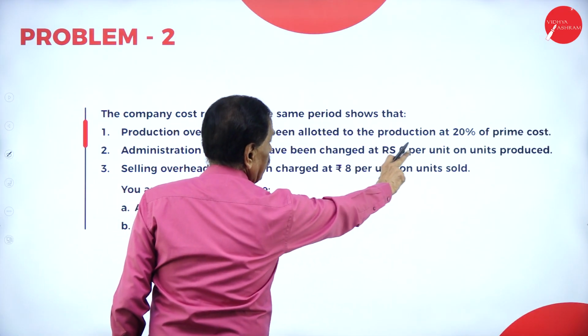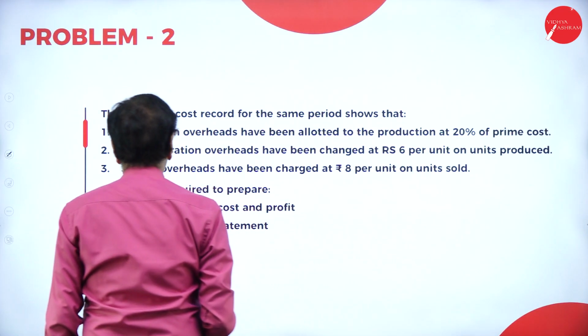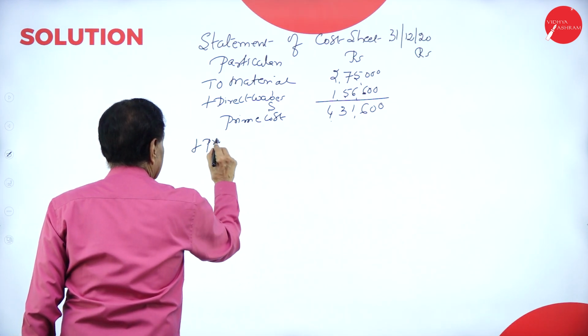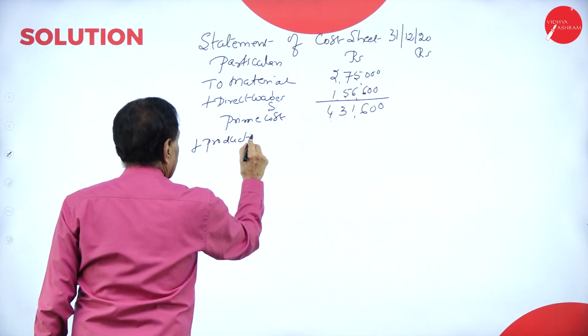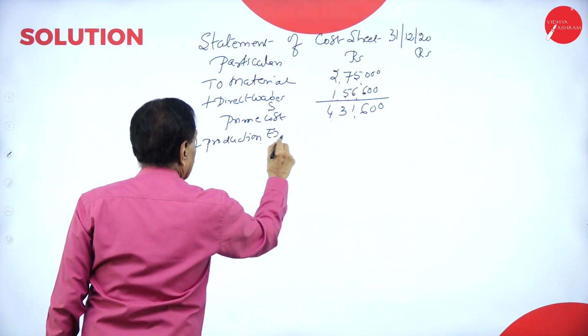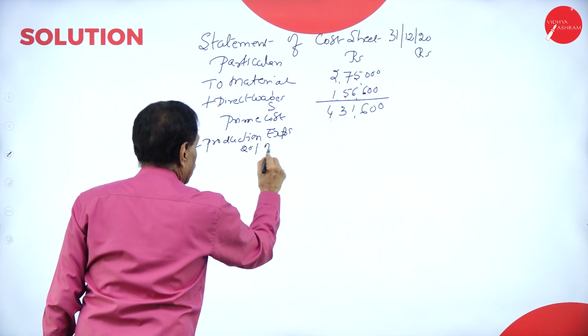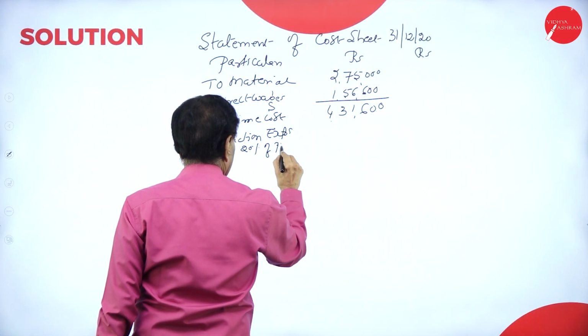Now, production overhead allotted at 20% of prime cost, meaning factory expenses, production expenses. 20% of prime cost.